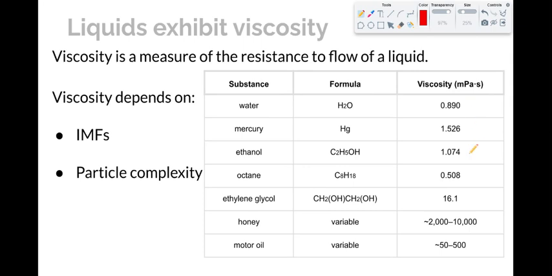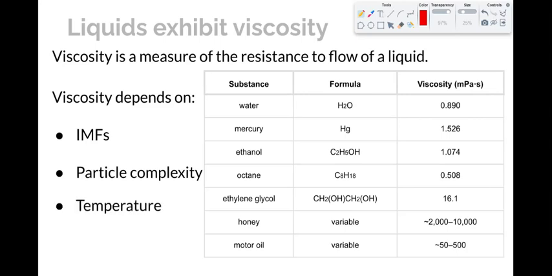In the same unit, here's ethylene glycol, which does hydrogen bonding just like water, strong IMFs, but it's a much more complicated molecule and its viscosity is much higher. Octane is similar in complexity to ethylene glycol, but it only has relatively weak intermolecular forces, and so its viscosity is not that high.